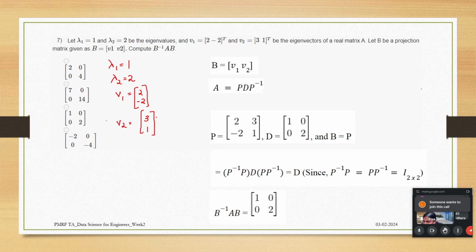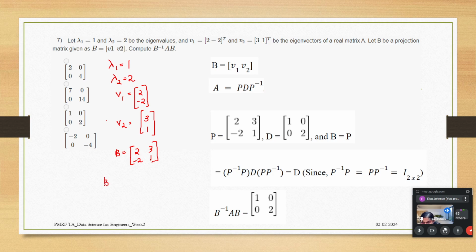B, which is given as a projection matrix of v1 and v2. You might have seen this in your lectures, so just go through that. So 2 minus 2 and 3 1 is given as a projection matrix.